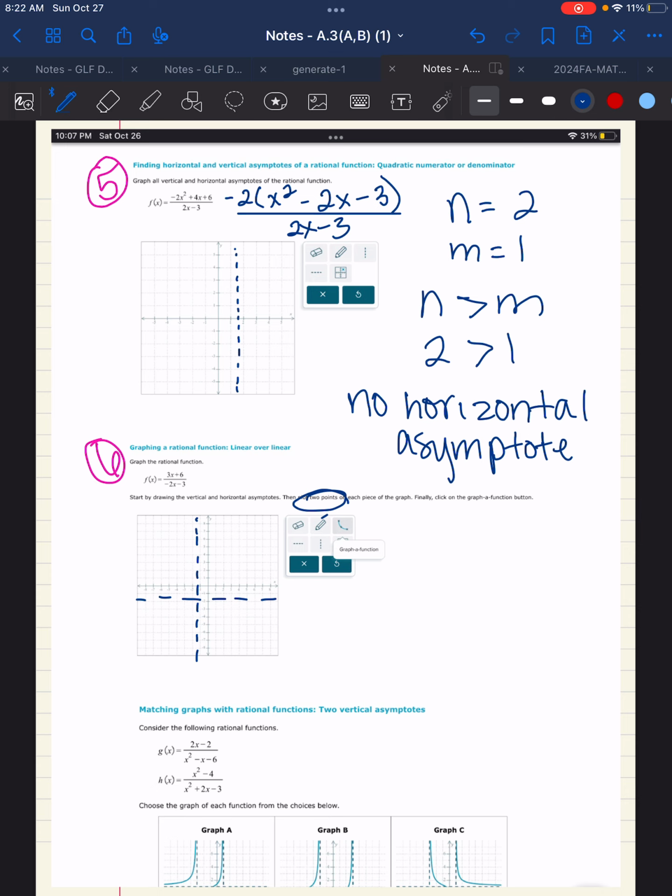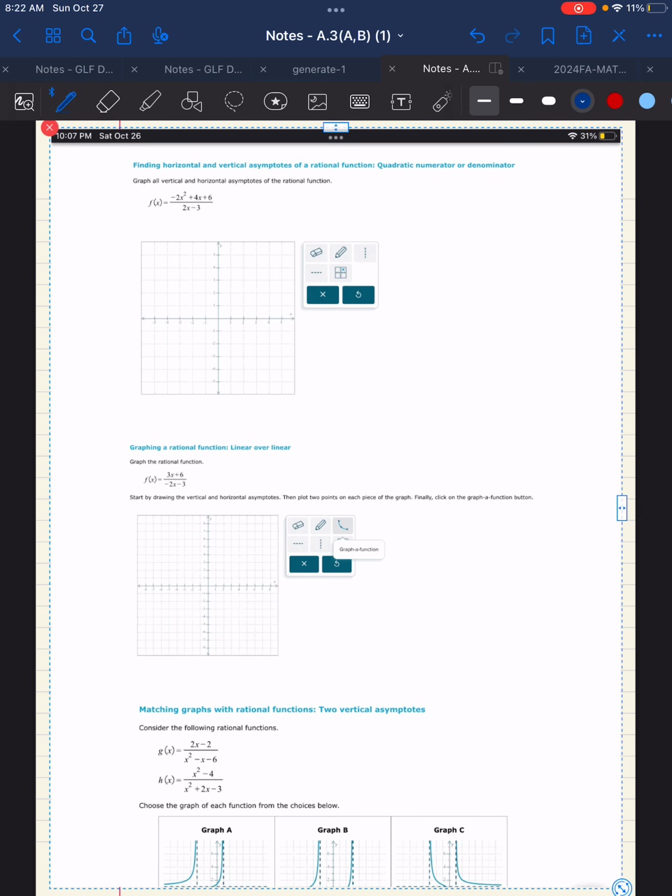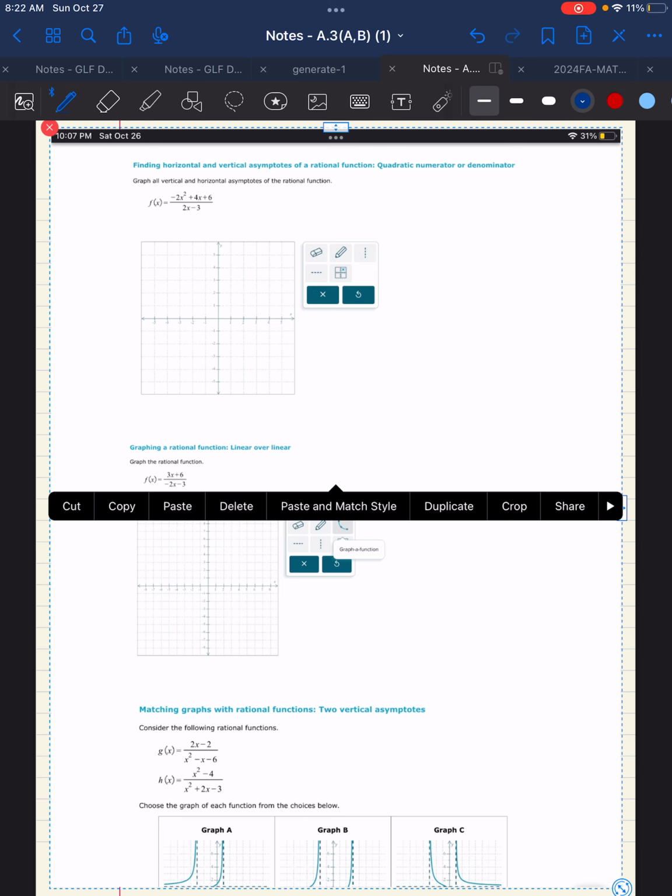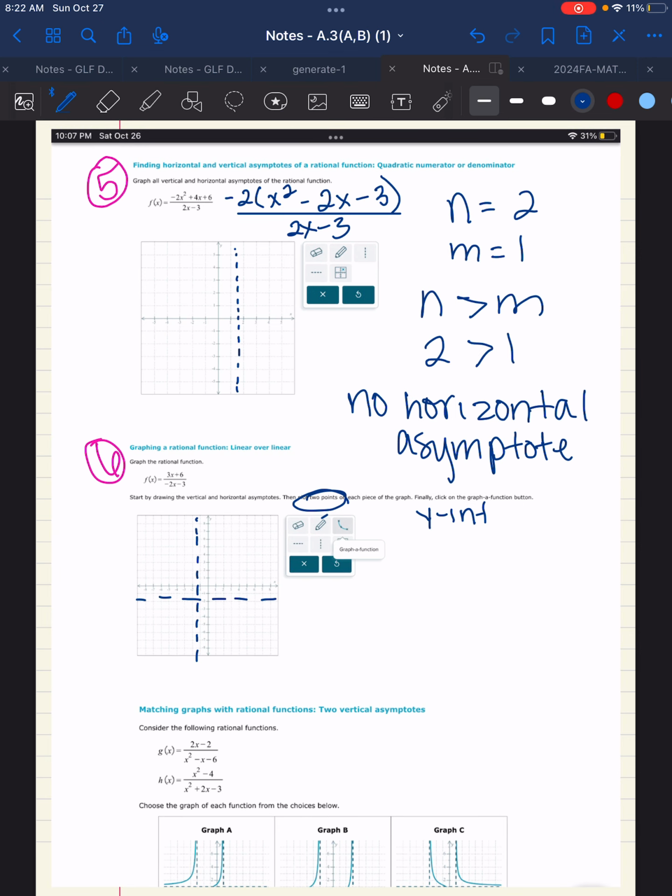So let's go ahead and find the y-intercept. And if I'm looking for the y-intercept, that means that x has to be 0 to get my number. So everywhere I see an x, I'm going to put a 0.